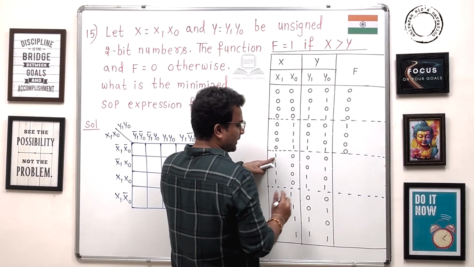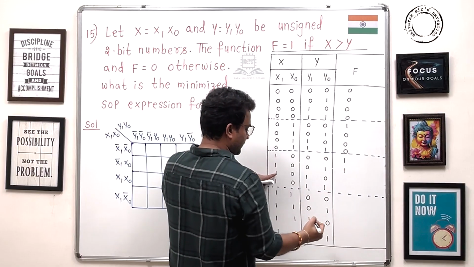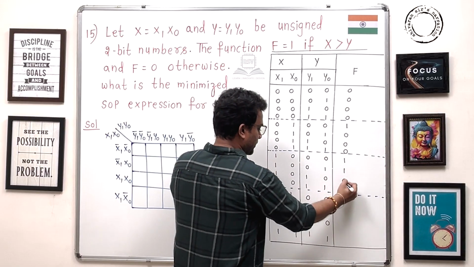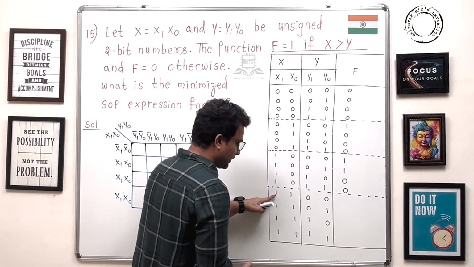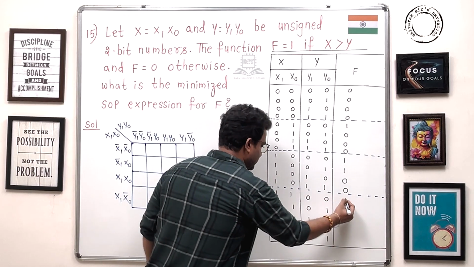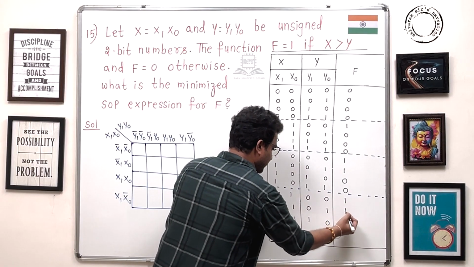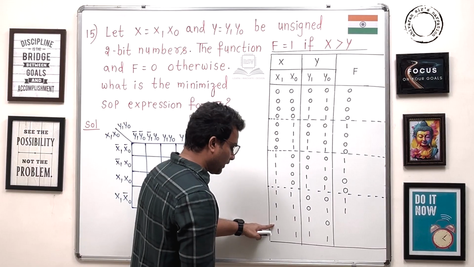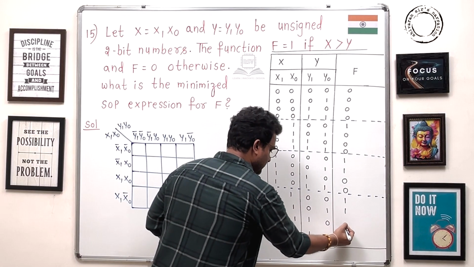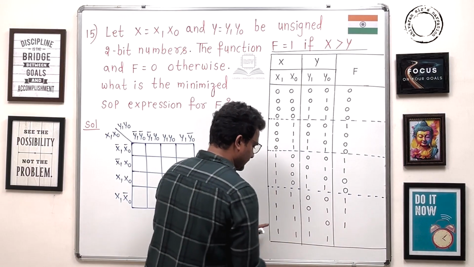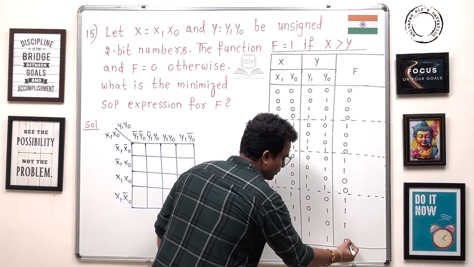Again here x is greater than y, here x is greater than y, here x is equal to y, here x is less than y. Similarly here 1 1 0 0, x is greater than y, here x is greater than y, and here 1 1 1 0, obviously x is greater than y, and this one x is equal to y, so it is 0.